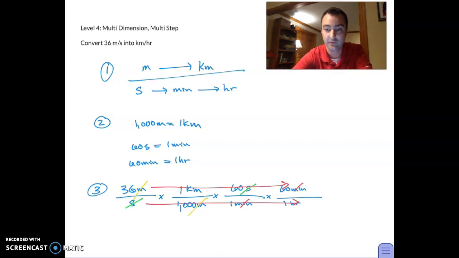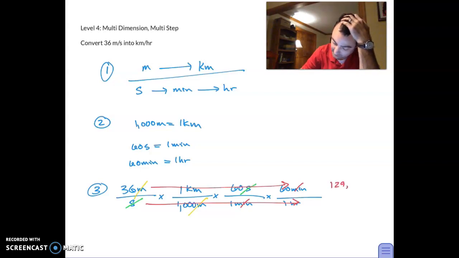So if you do your multiplication, 36 times 60 times 60 is 129,600. And then the only units that remain in the numerator, the only units that have not been canceled, are these kilometers.